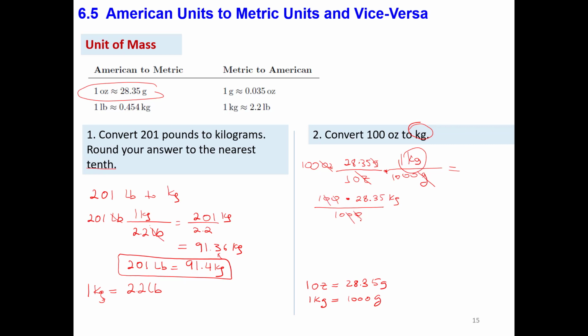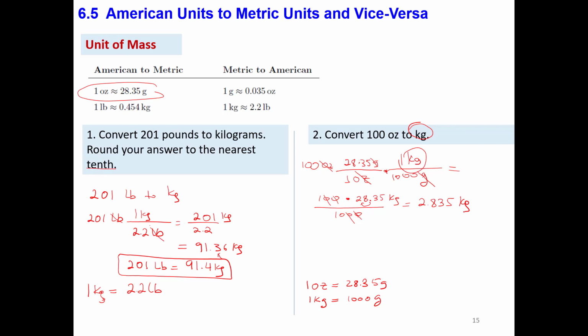And really what we had is 28.35 divided by 10. If we divide by 10, we need to move the decimal place to the left one place, and the answer is 2.835 kilograms.